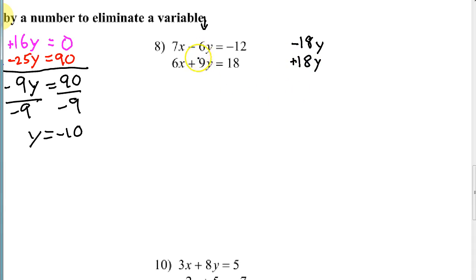I already have to know that 6 and 9 go into 18 even to do this. And then work backwards and say, what do I need to do to get from negative 6y to negative 18y? You can multiply by 3. So that'll give you 21x. There's the negative 18y, and then don't forget the other side, equals negative 36.